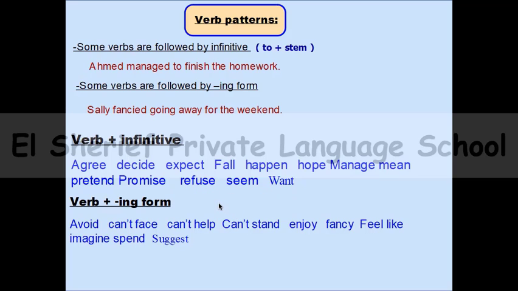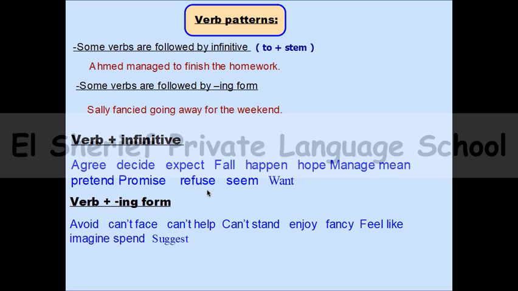So in your rewrite question, in your test or choose question, you will be asked to answer if the verb decide or refuse or agree is followed by to plus infinitive or ing. So you need to remember that the verb decide is followed by to plus infinitive. The verb refuse is one of the verbs that are followed by to plus infinitive.